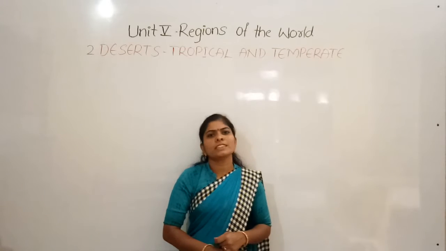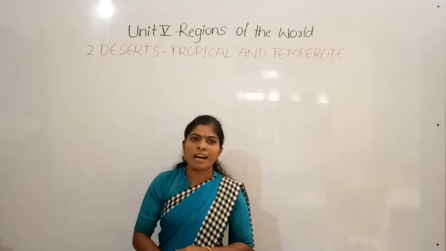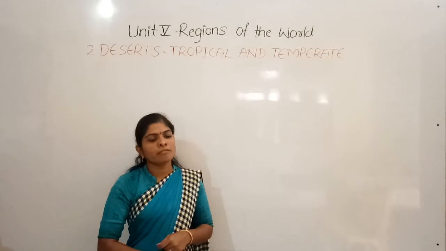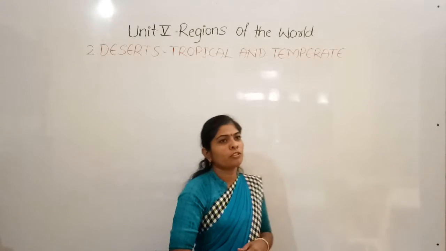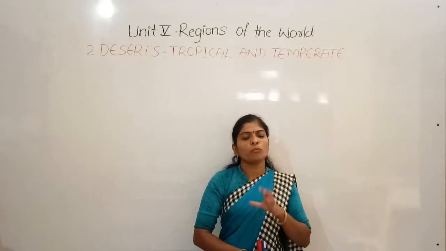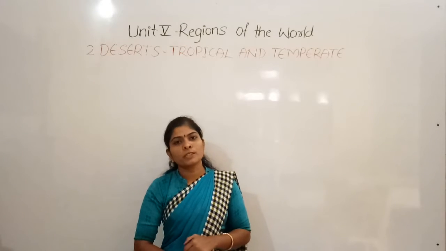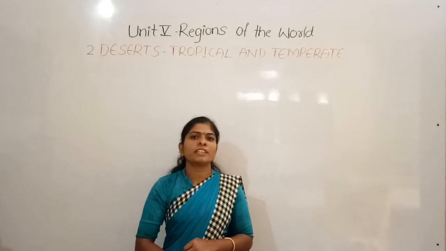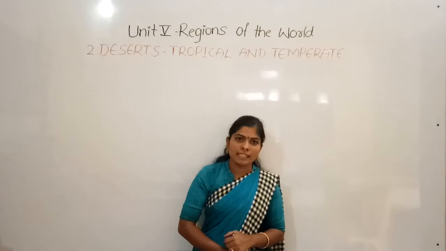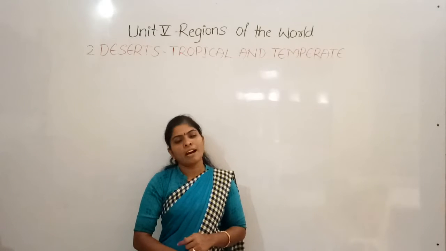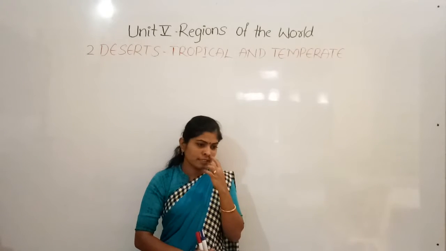Grasslands are large, fairly flat areas dominated by the growth of grass, where we can find very few or no trees at all. So they are called grasslands.